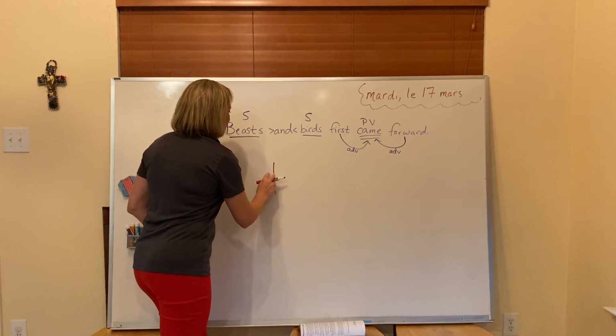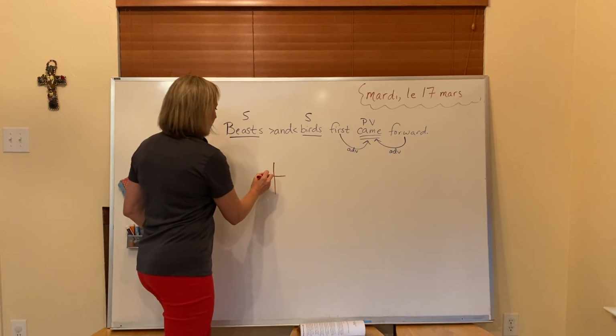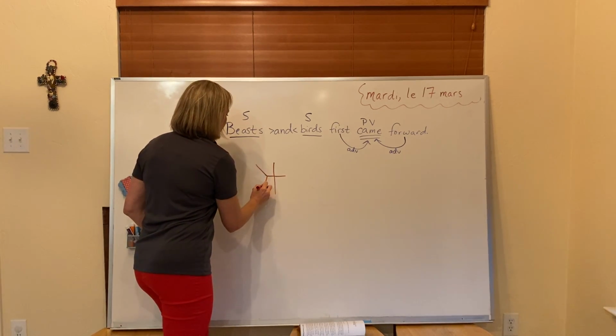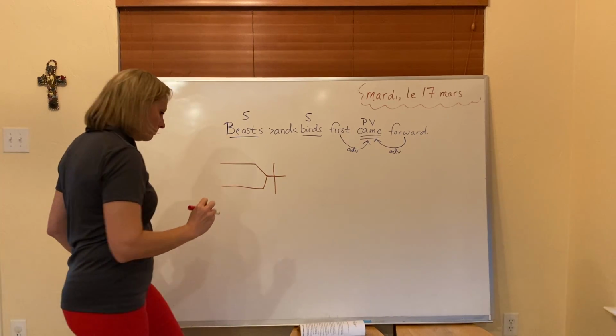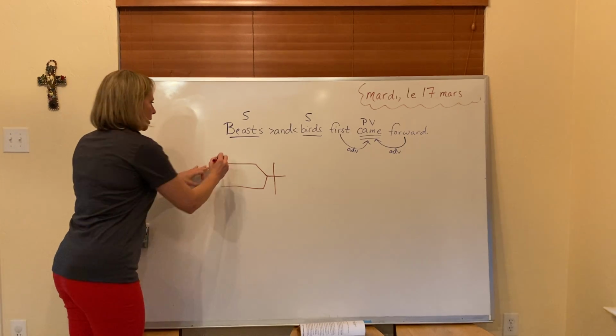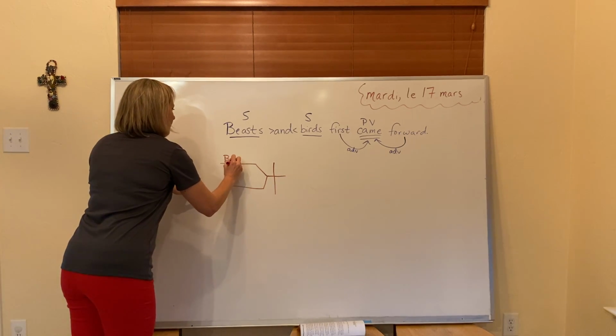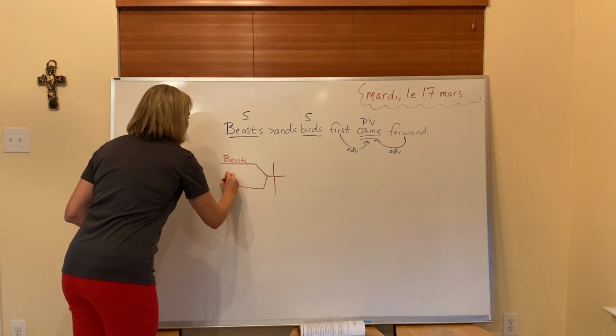So we'll have to make our spaceship over on the left-hand side, and it will face this way. All right. So there's our spaceship. We'll put the first subject here. Let's list it. Beasts. The second subject goes below on the bottom of the spaceship, birds.